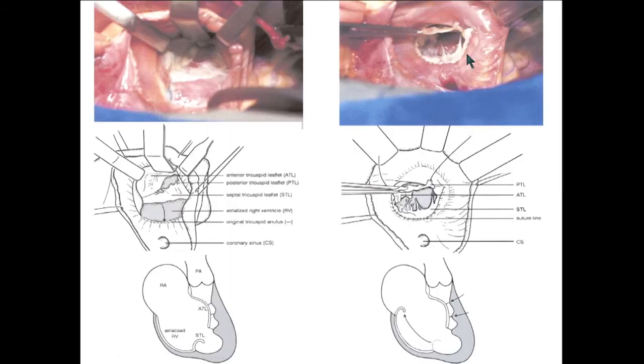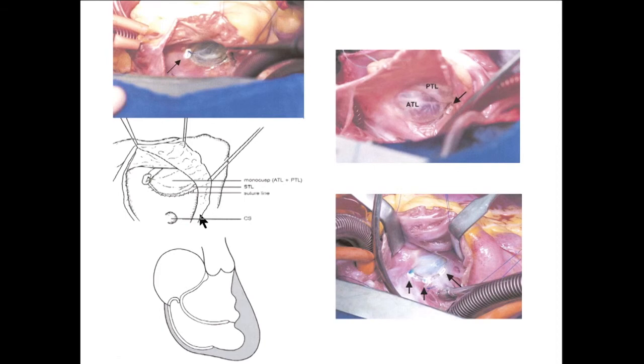Posterior leaflet valve at the atrioventricular junction. Replacement. And the same patient, in the valvuloplasty, creating a monocuspid valve using the anterior tricuspid leaflet and part of the posterior tricuspid leaflet with combined ventricularization of the atrialized ventricle after orthotopic transposition of the septal and posterior leaflet.